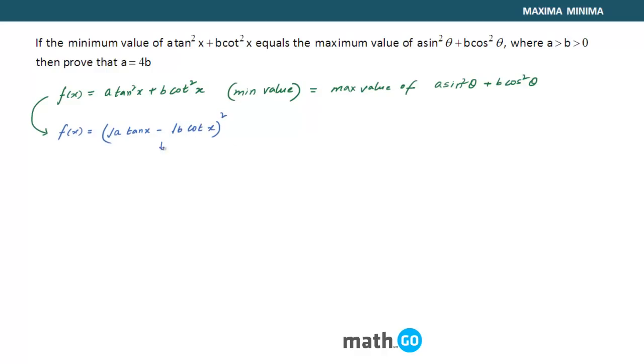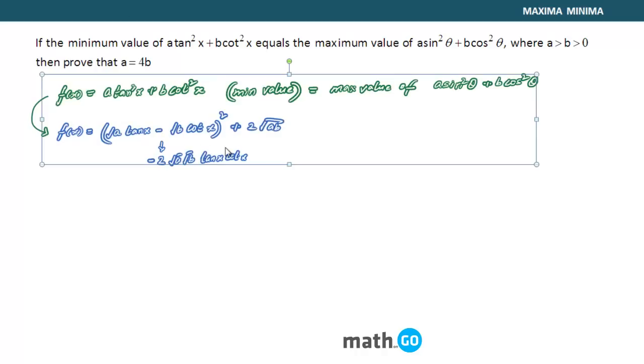What extra term will this have? Minus 2 root a root b into tan x into cot x, and obviously this will cancel out, and this is the extra term. And if I add 2 root ab, then I can say that these particular values are equal. Got it?